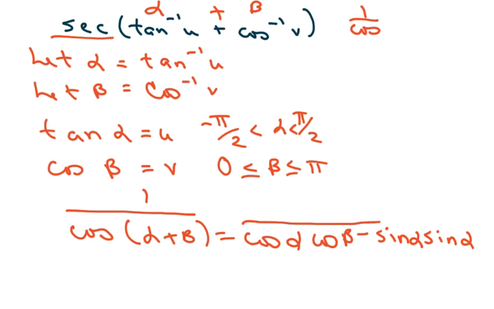So this whole thing is over 1. Alright, so we have to find cosine of alpha, cosine of beta, which we already have, sine of alpha, and sine of beta. Alright, so let's get started.